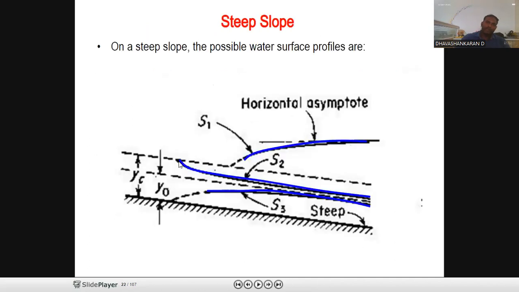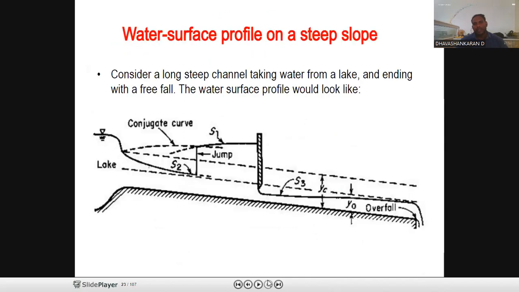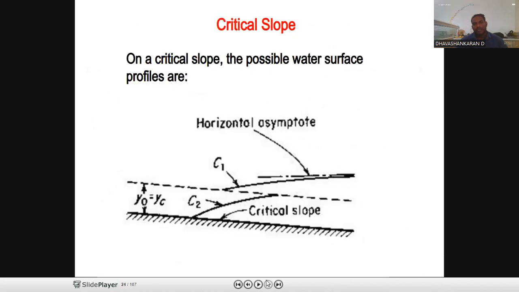Then steep slope. When water goes into the horizontal asymptote, when it reflects downward, this type of slope is called a steep slope. So this drawing shows the water surface profile along the steep slope. Then this one is the critical slope, where y naught is equal to yc.